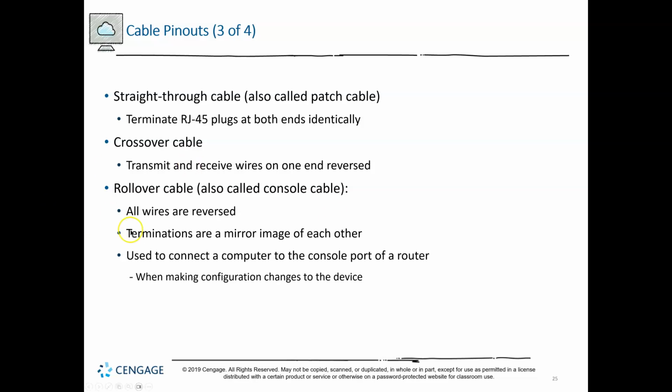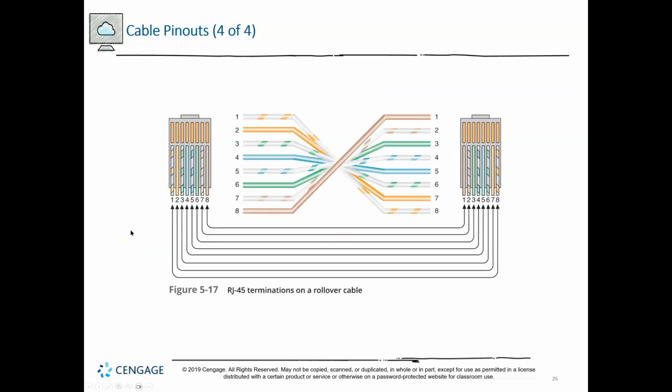So that's a crossover. This one we don't see very much, but it makes a pretty picture. So notice they're completely inverted from each other. So for some devices, if I wanted to connect to it, they did this for some kind of weird, obscure security purpose as far as I can see.